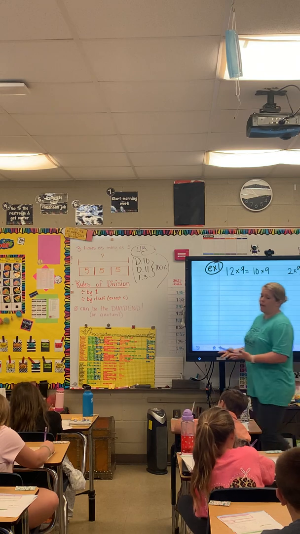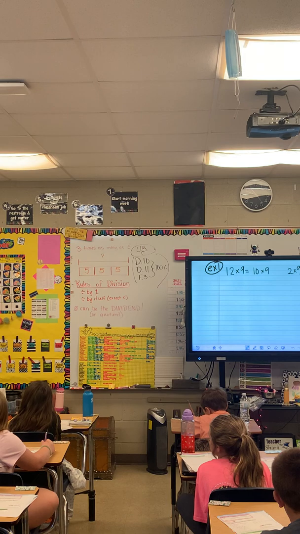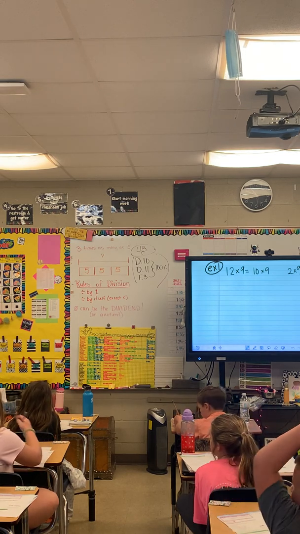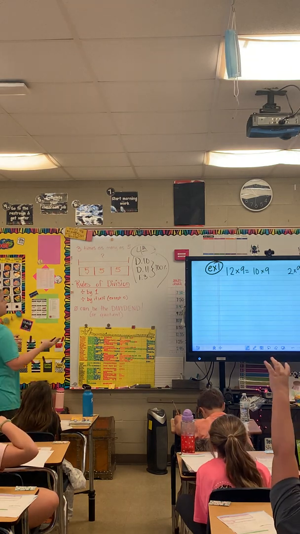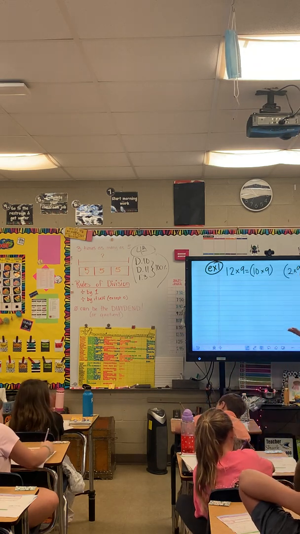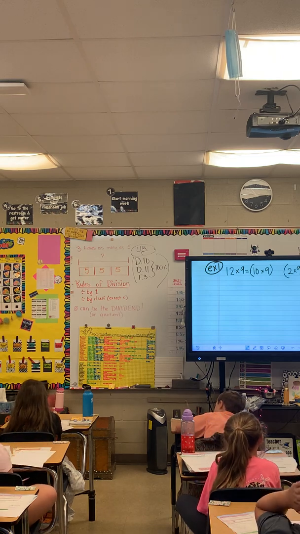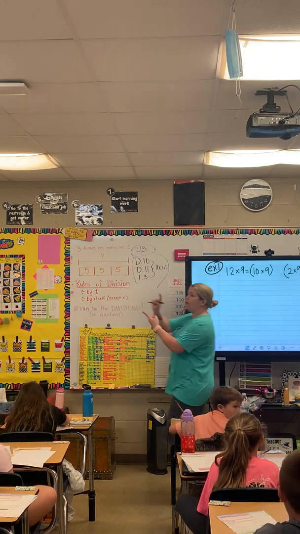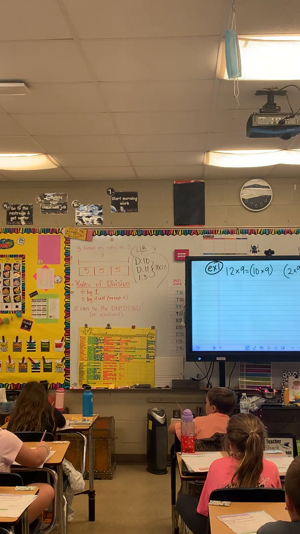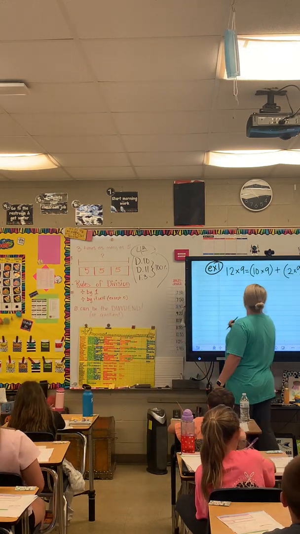But I can't leave them like that because I've got to have something that says my second step has to happen. My multiplication has to happen before I do what? And what is it that we have to put around those? Parentheses. So instead of that area model, instead of my boxes, I have my parentheses, right? And I have to leave this empty because after I decompose, then I multiply. Last I have to add, right there in the middle.